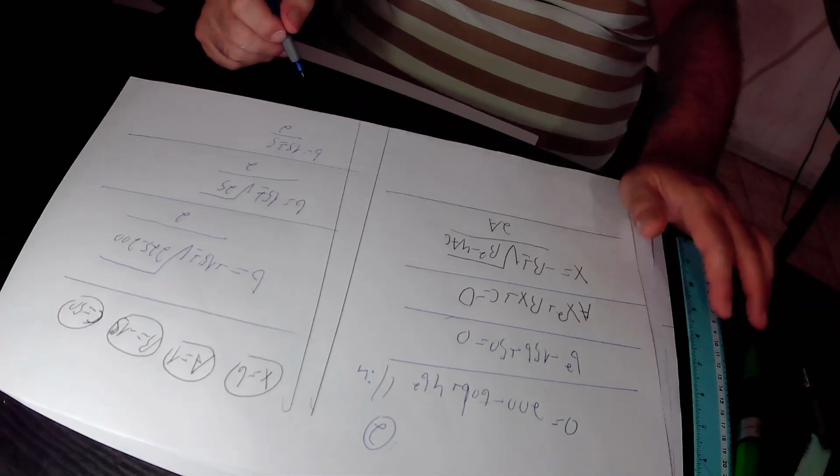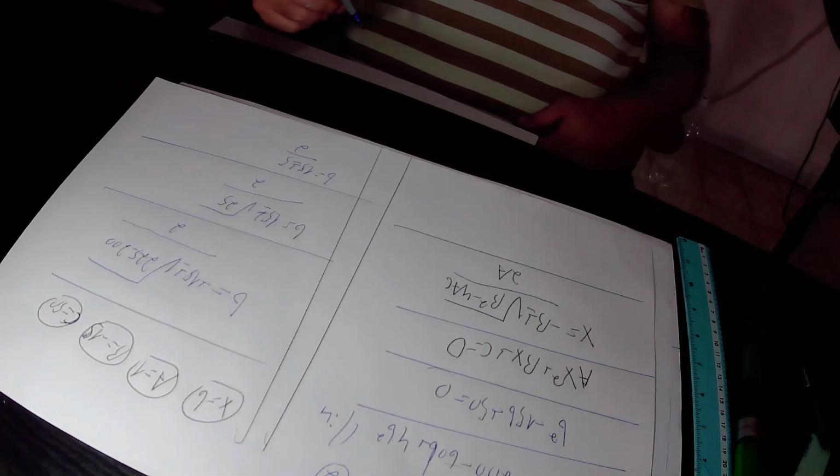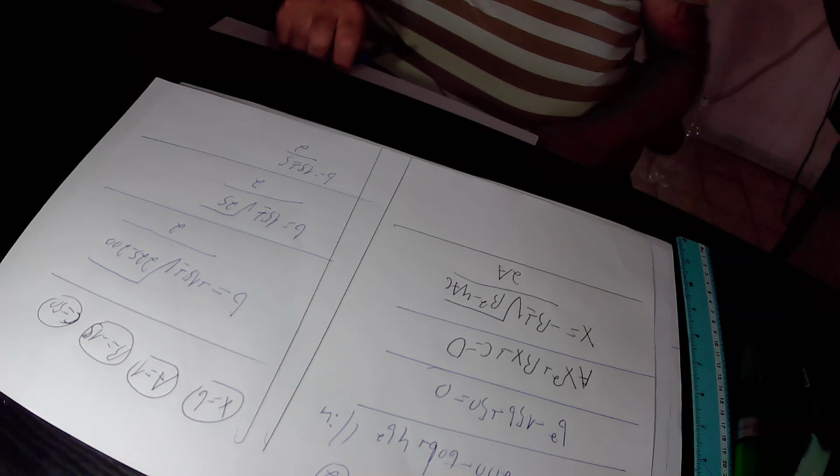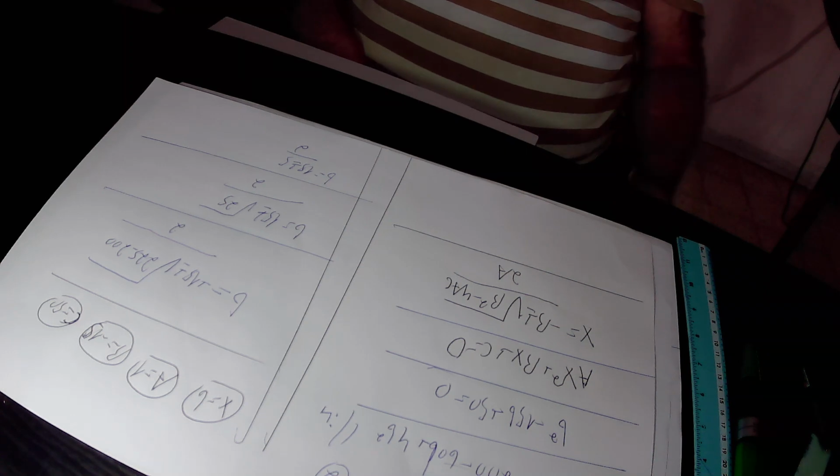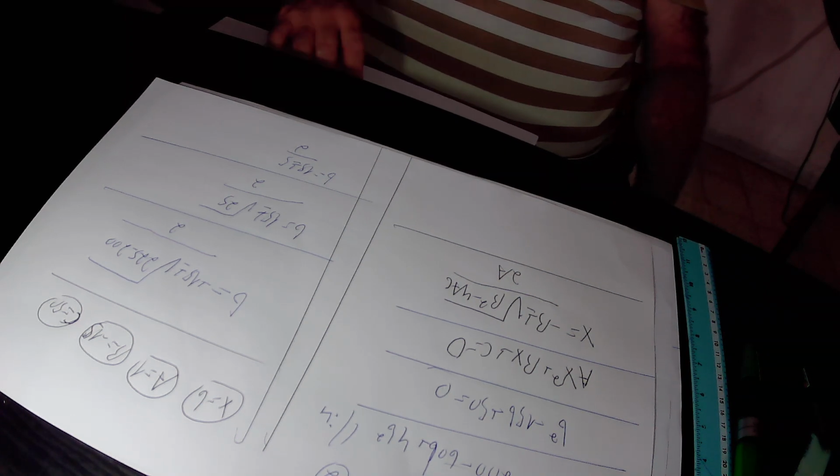So here we have two possible solutions for b. We define the first solution for b as b1, and the second solution for b as b2.